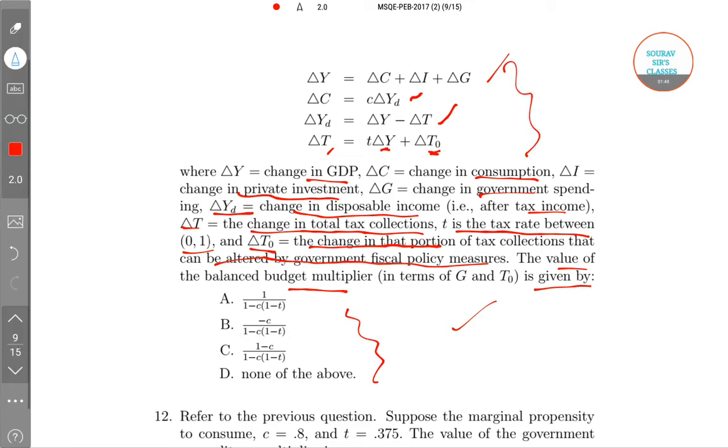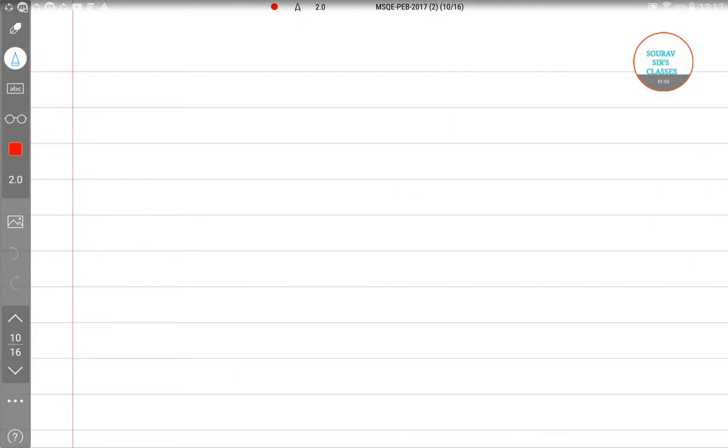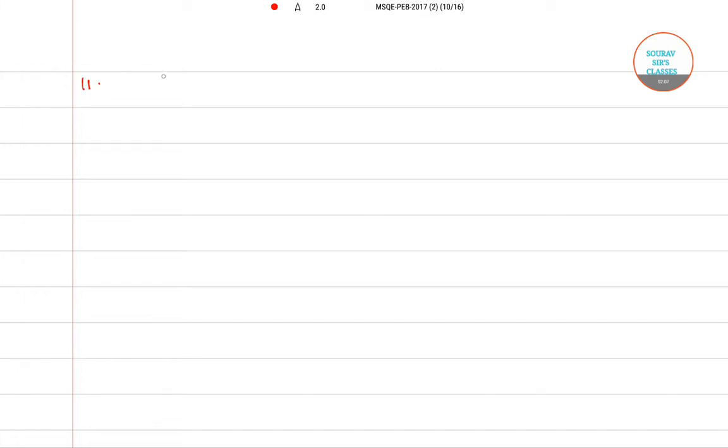So for this, I'll solve question number 11. Change in c is equal to c into change in yd, and change in yd is equal to change in y minus change in t.